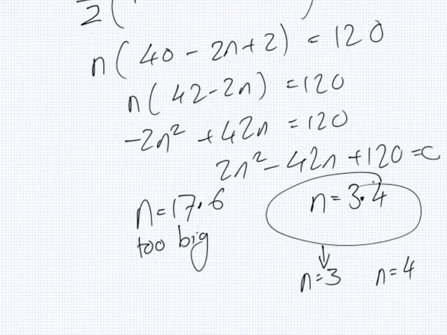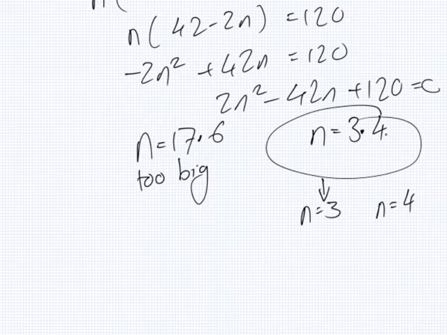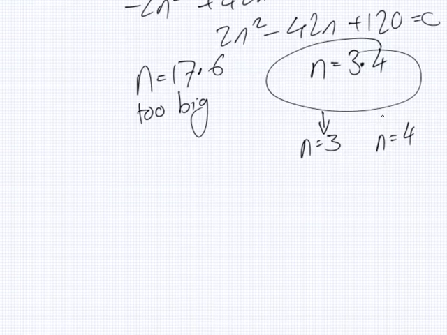3. Yeah. This is where we have to be very careful with the language. Even if this was 3.8, I still would round it down. Let me draw.